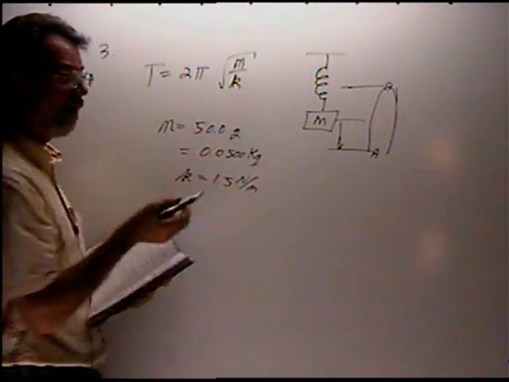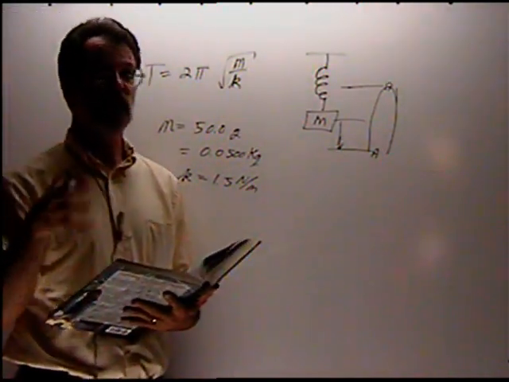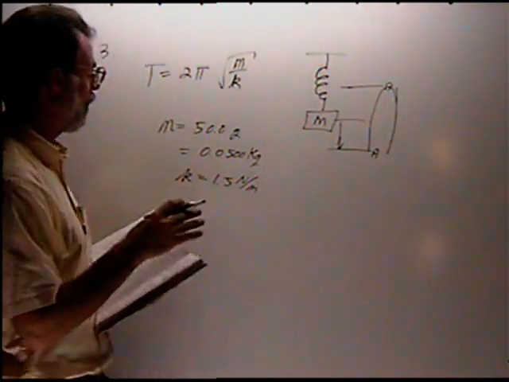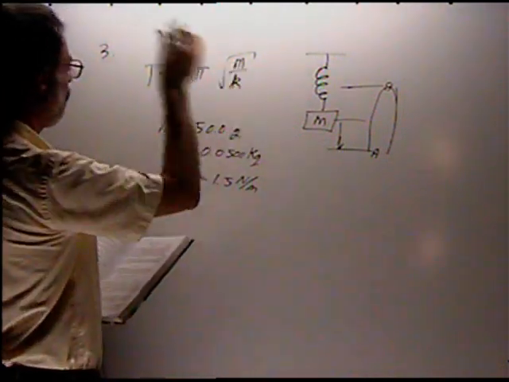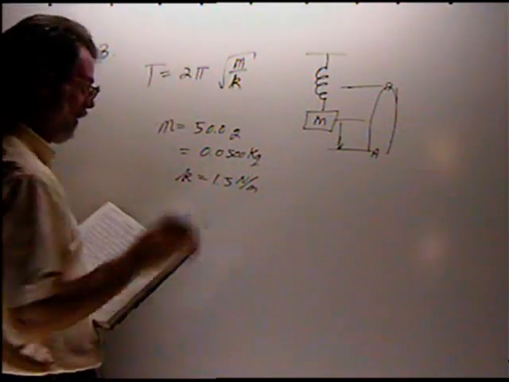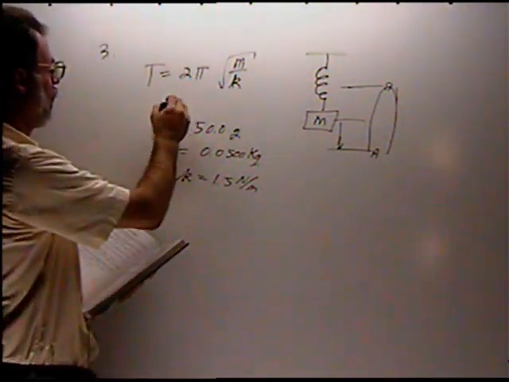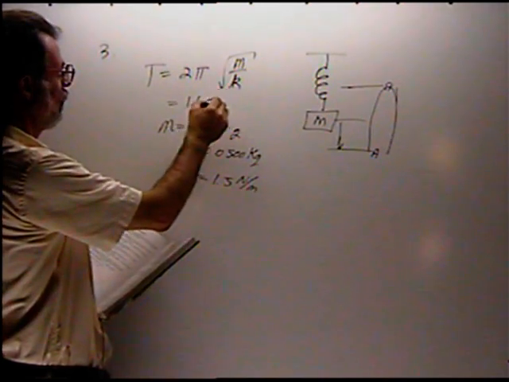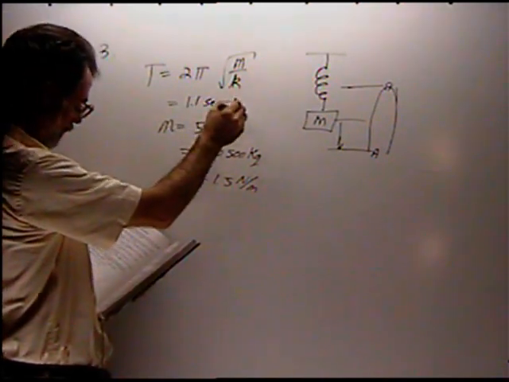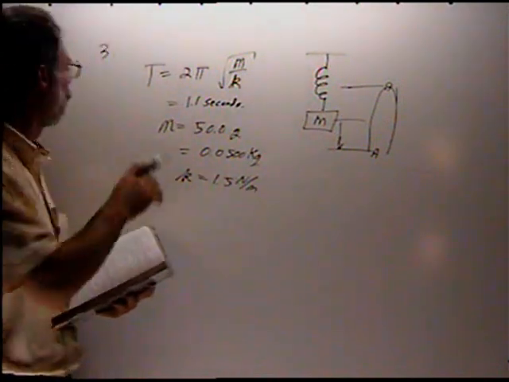So always use metric, always use MKS: meters, kilograms, seconds. I'm not going to work it out, but you simply plug these numbers in and you come up with the period. The answer should be 1.1 seconds.